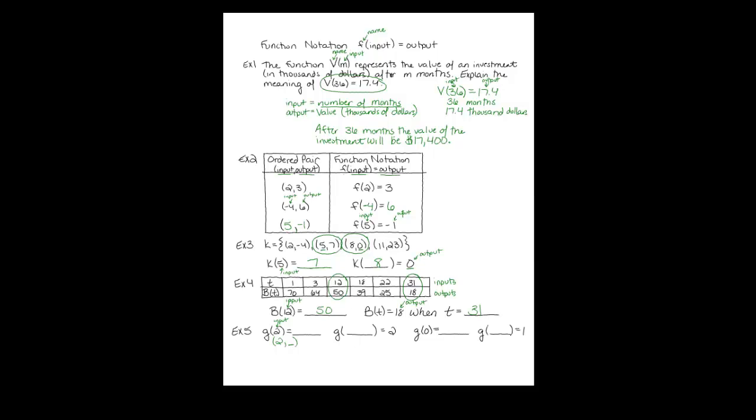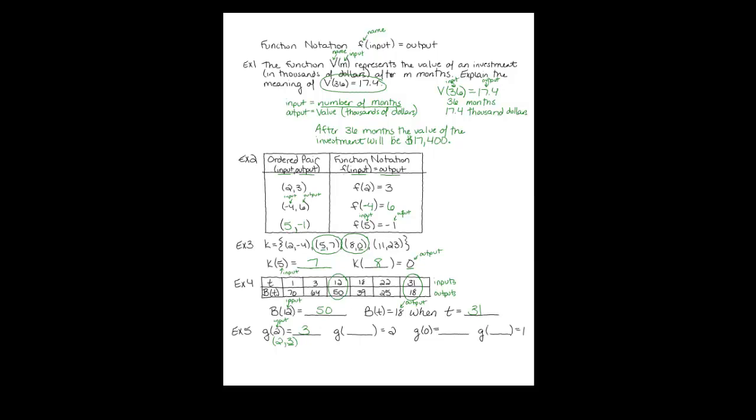We're asked for the output value. So looking at the graph, you're looking for the point at which the input is 2. So locate 2 on the horizontal axis, go up to the graph. The ordered pair on the graph is (2, 3). So returning to the function notation, the ordered pair (2, 3), we have g of 2 is equal to 3.